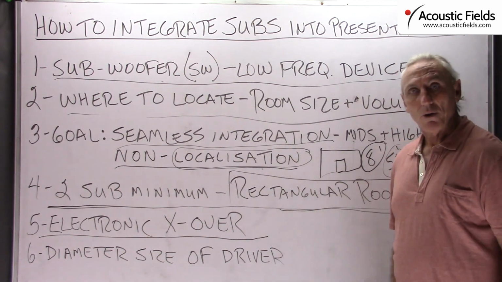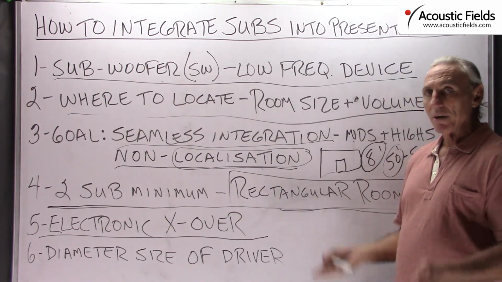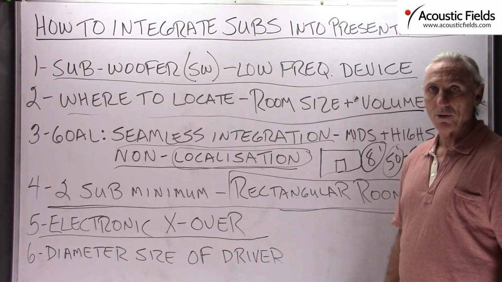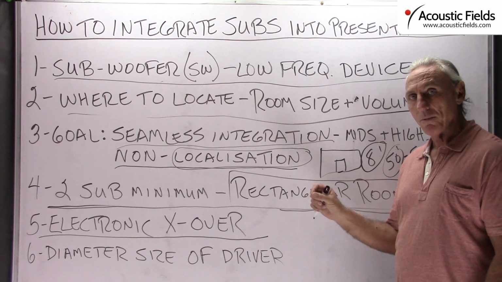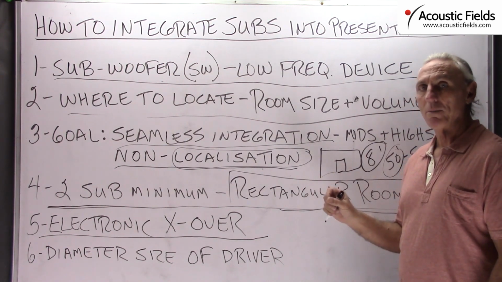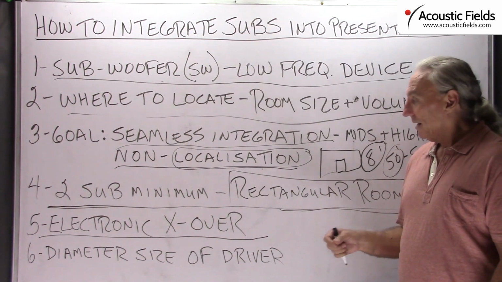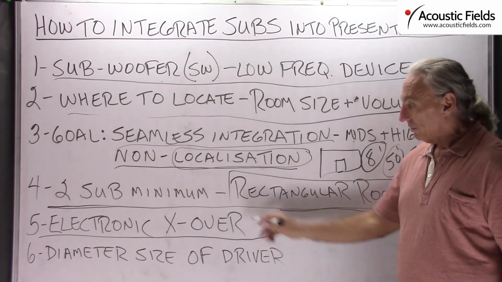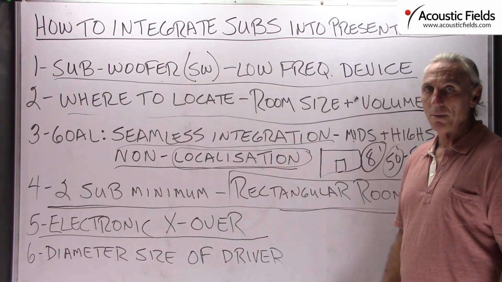So with electronic crossover, you can take a recording that doesn't have a lot of low frequency energy and you can add some, okay? You can add some through the crossover. You can cross over what frequencies you send to the subwoofer, so that's more compatible with your room size and volume, and get a lot better blending, non-localization, and an integration with an electronic crossover. So we use electronic crossovers on all our subs. We use a 2-sub minimum in most rooms.